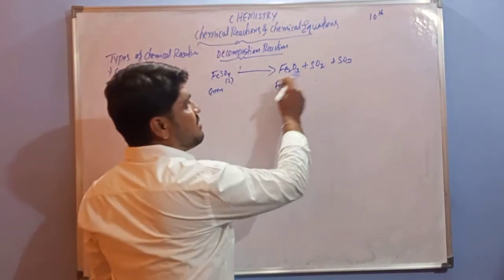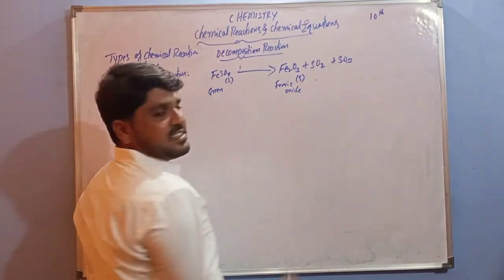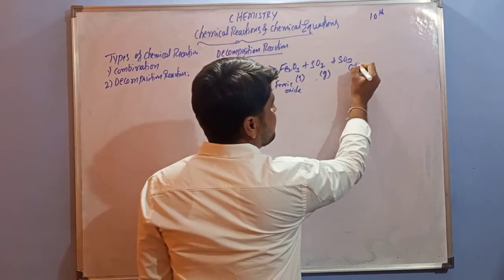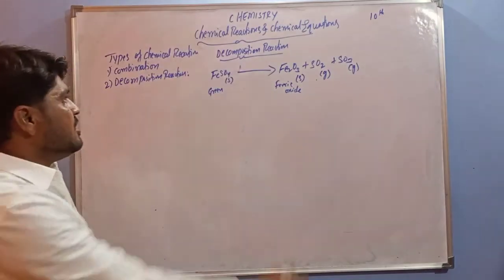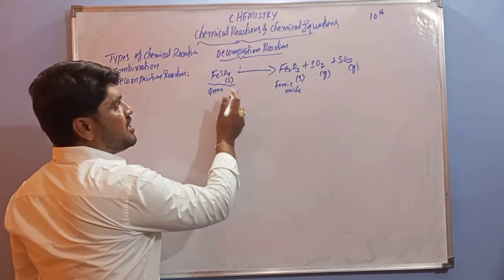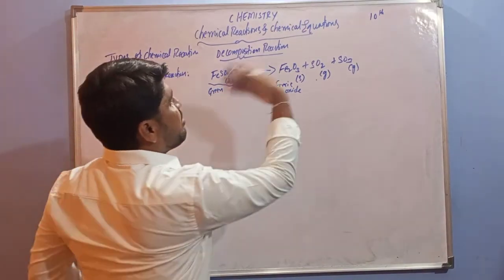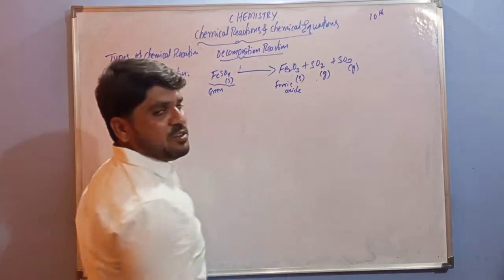This Fe2O3, ferric oxide, is in a solid state, and sulfur dioxide and sulfur trioxide are in gaseous states. See, FeSO4 is a single reactant, and from this single reactant we can obtain two or more new substances.